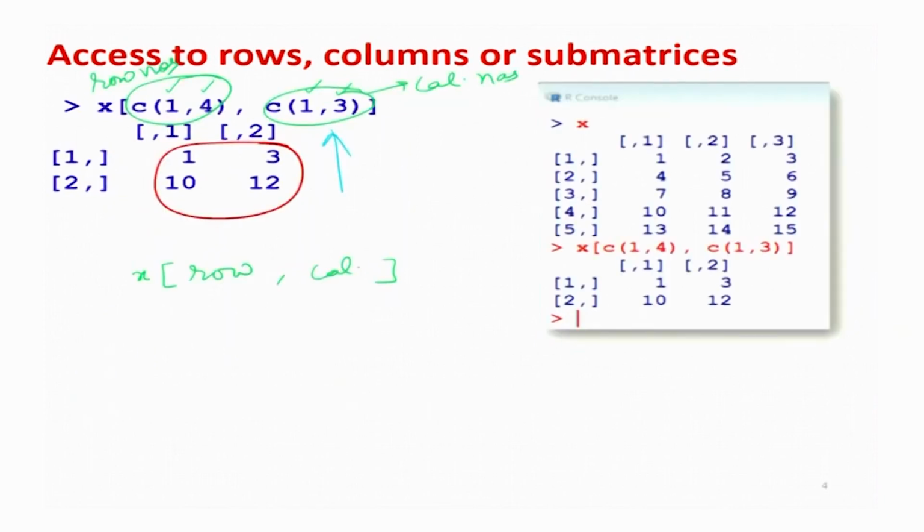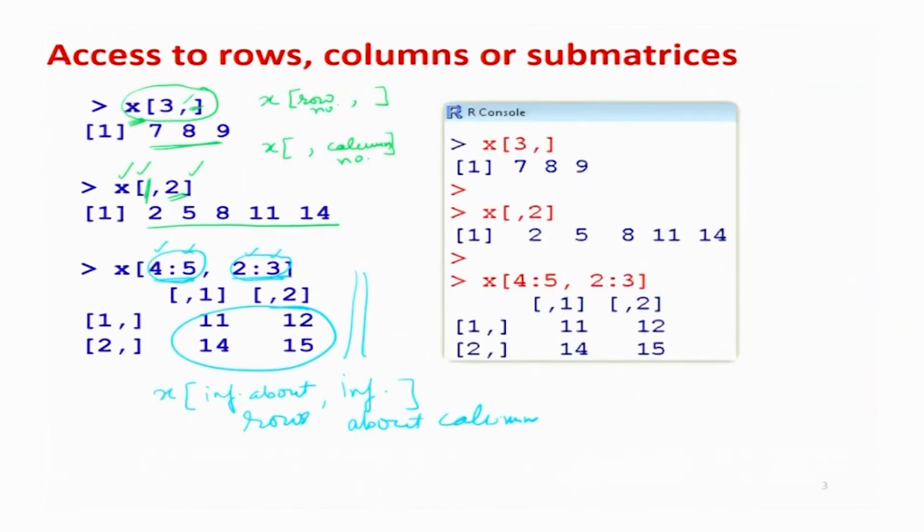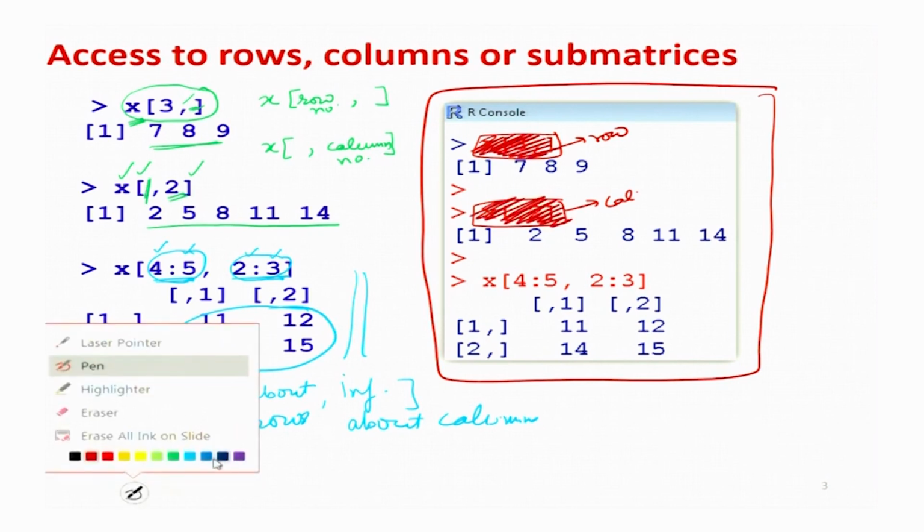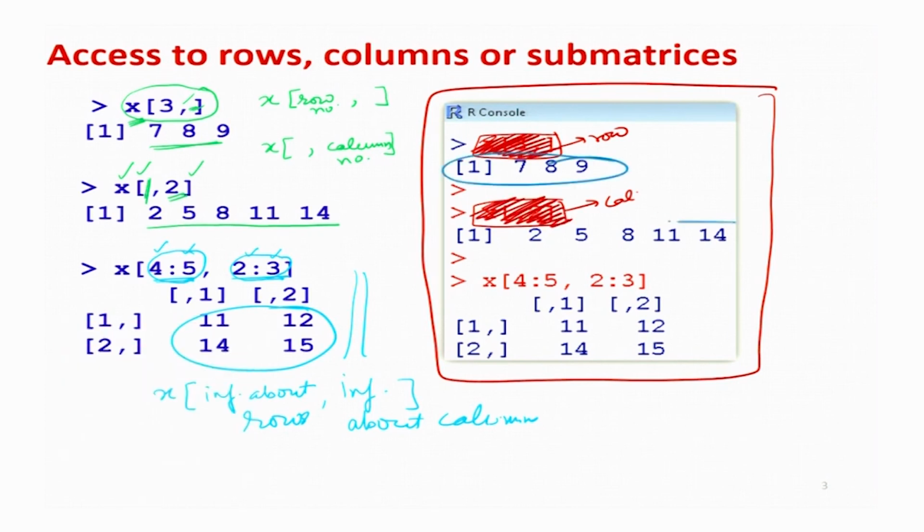Before I show you these operations on the R console, let me show you something here. Suppose you look at this outcome of the R software, a screenshot, and suppose I hide this part and this part. You can see here, this is about the row and the second one is about the column, but I hide it like this. And now, I give you only this outcome, this and this.